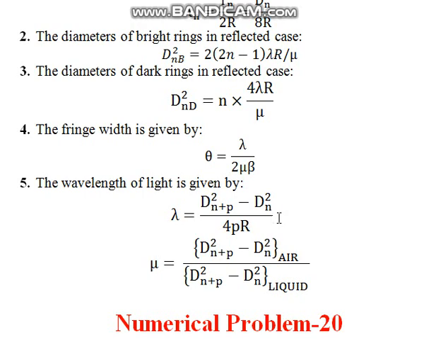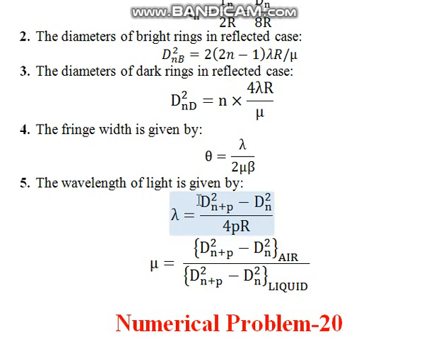This formula is applicable to the dark as well as the bright ring. So whether the numerical says dark ring or bright ring, you can use this formula on both types of ring. Here D(n) is the diameter of any nth order ring.